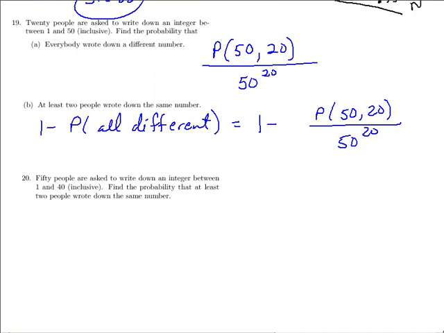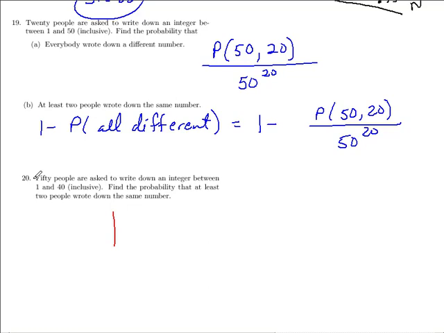Question 20. 50 people are asked to write down an integer between 1 and 40 inclusive. Find the probability that at least 2 people write down the same number. Well, this one is actually very easy. The answer is 1. Now, why do I know that?